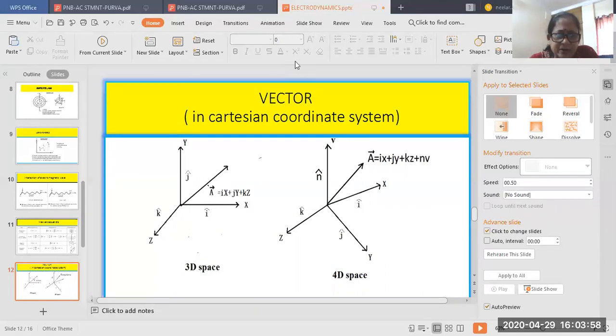Vector A can be written as: take the perpendicular projection of this pointer with respect to the x axis, that is ix. With respect to the y axis, take the projection, it is jy. Take the mirror image of this, then take the projection with respect to z, that is kz. These are the components along x, y, z. You add them together, that will give you the net value of the vector.